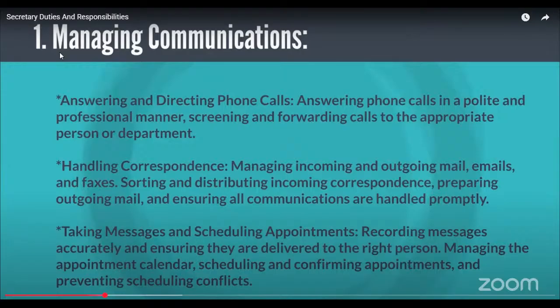So screening falls into the category where you talk to the people, first analyze who is on the other side, and then connect the call with the person for whom it is meant. Once you receive a call, what you have to do is, and I'll be showing you one mock call as well, ask the person, who are you? May I please know you?